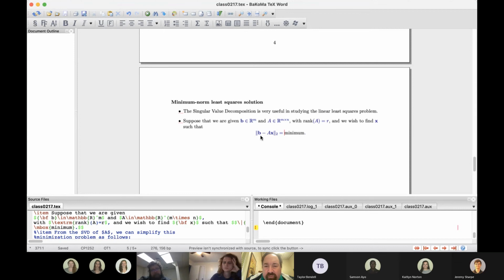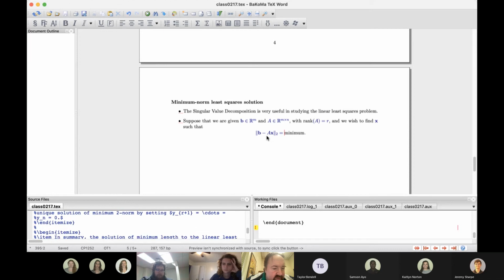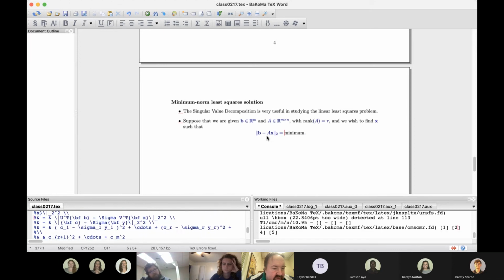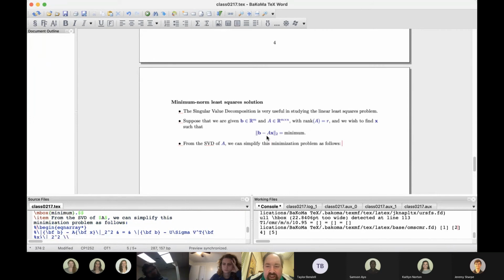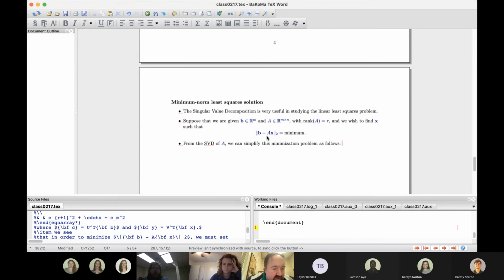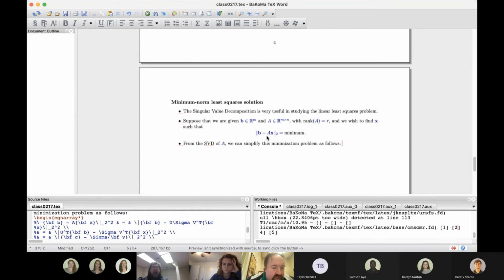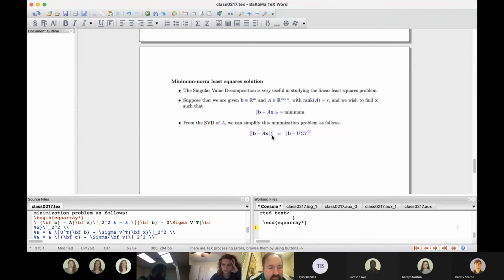But I'm trying to minimize the residual norm, b minus Ax. Now, I can use the SVD to help me do this. So if I look at the 2 norm squared of b minus Ax.